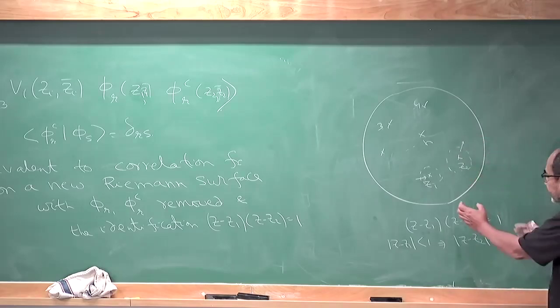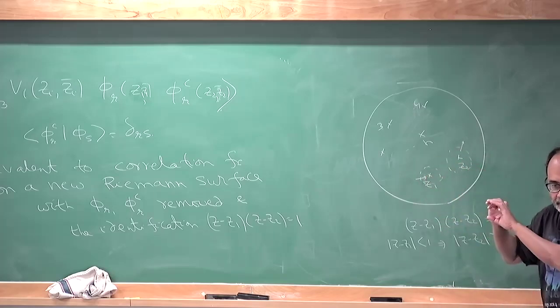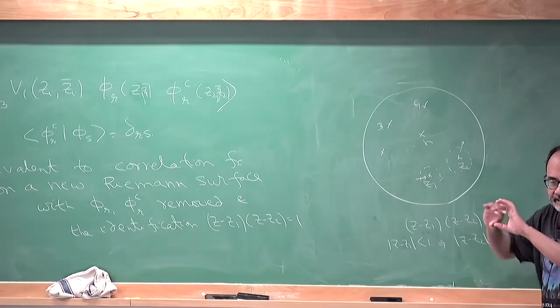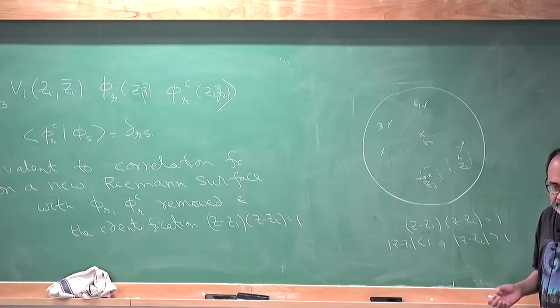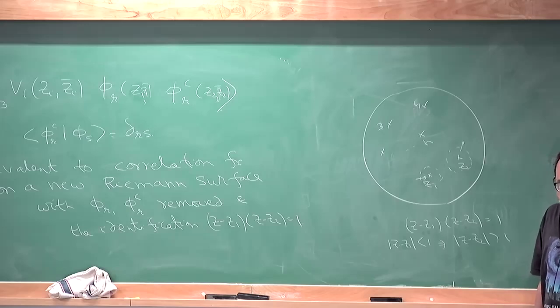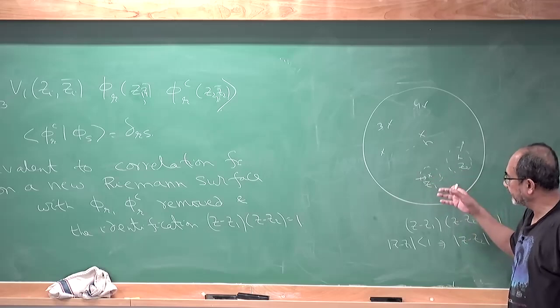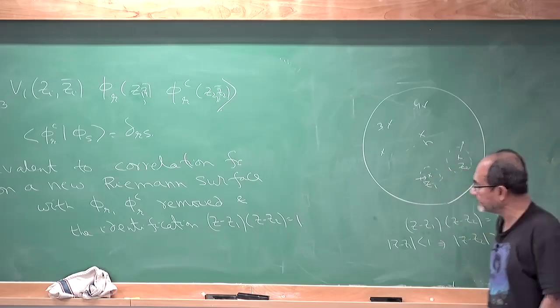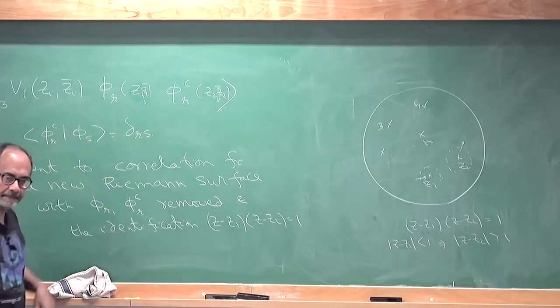So this is as if we have connected these two by some kind of tube, and it becomes a homogeneous Riemann surface because this is like adding a handle to the original sphere. Is that clear? So this will generate a torus, and the claim is that the correlation function on the torus is given in terms of the correlation function on the sphere by this formula.